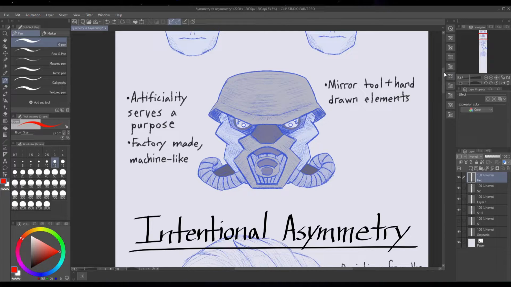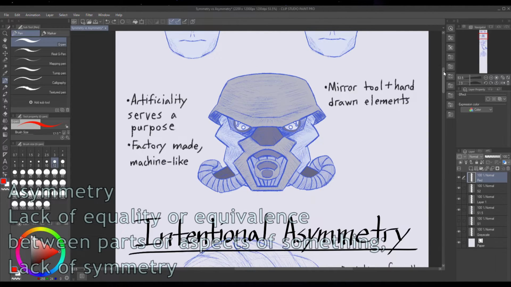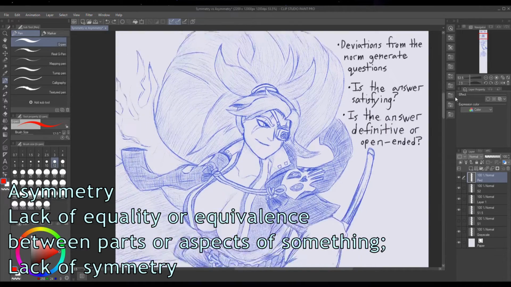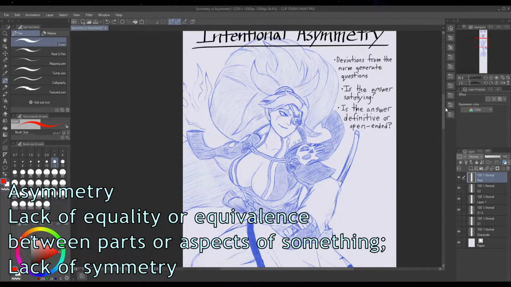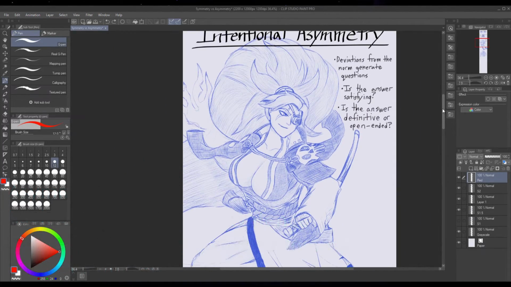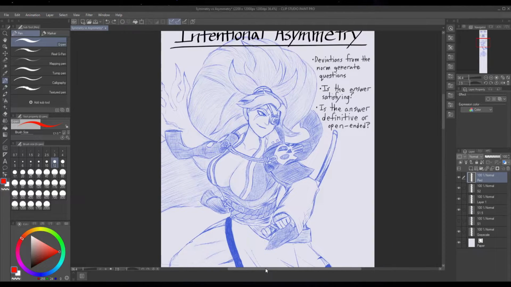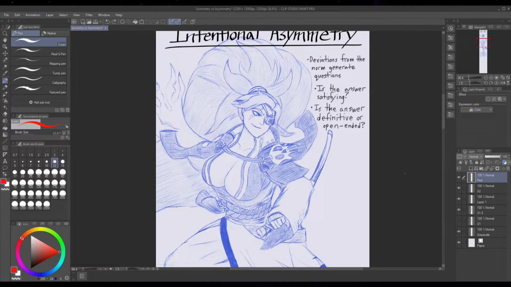So now that I've shown some general examples, I'm going to go into some specific examples by showing specific characters that use asymmetry. The first character I have here is something I've drawn earlier, a drawing of a character from the Guilty Gear franchise, a character by the name of Baiken.